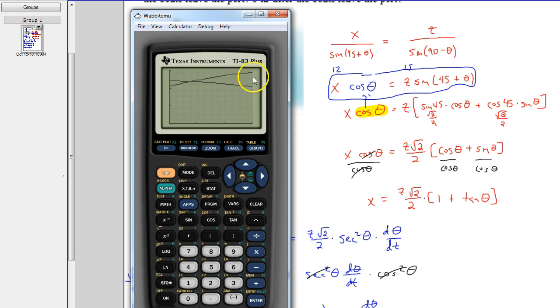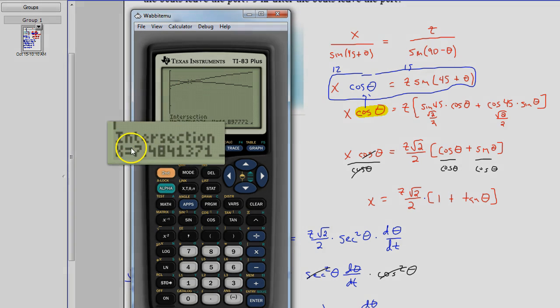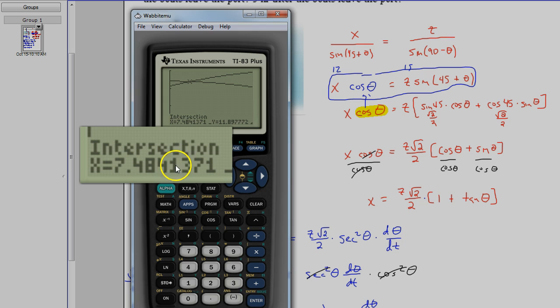So right there is where they hit. That's what we're looking for, what value of theta makes these things intersect. Then I just go down here to intersect, enter, and then you can just hit enter again, just to get close for the guess. And then once it computes it, this value for x that we have right here, that's stored as x.